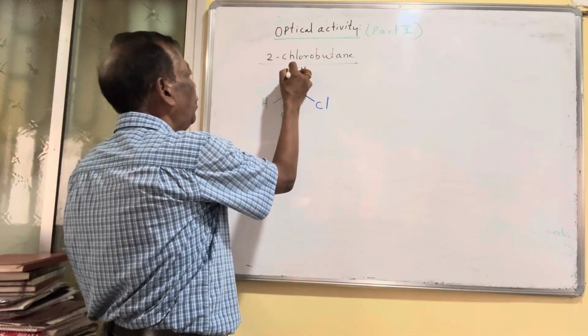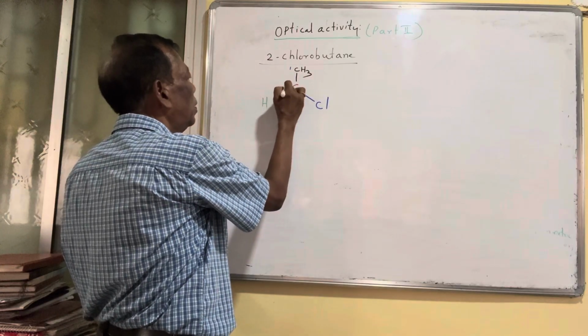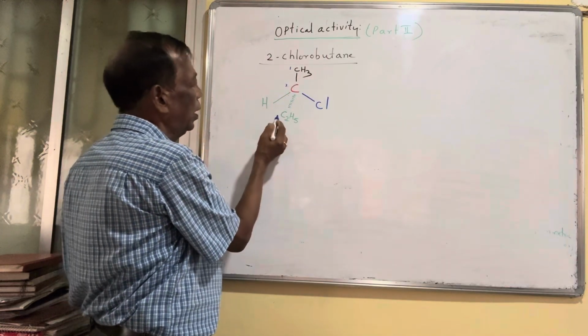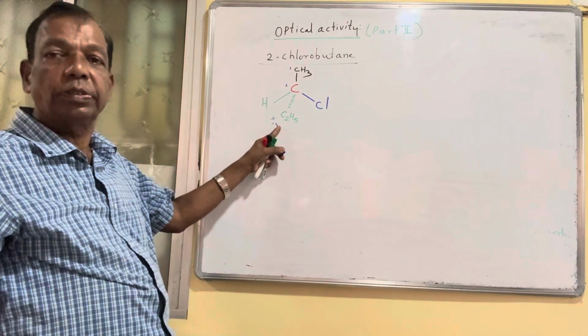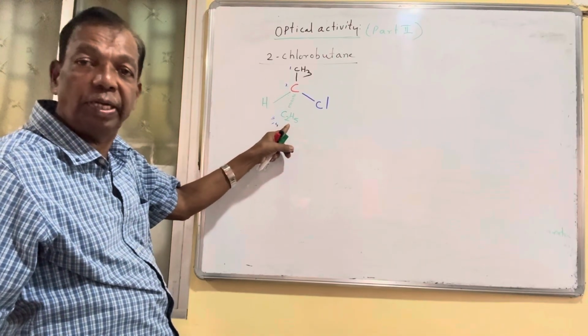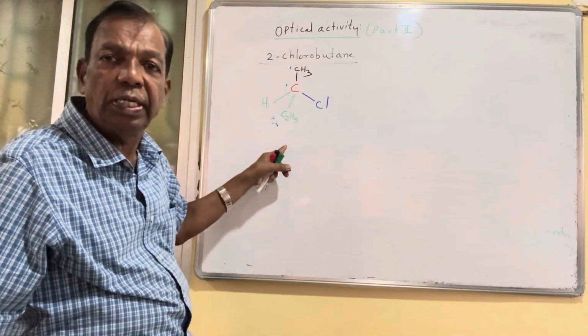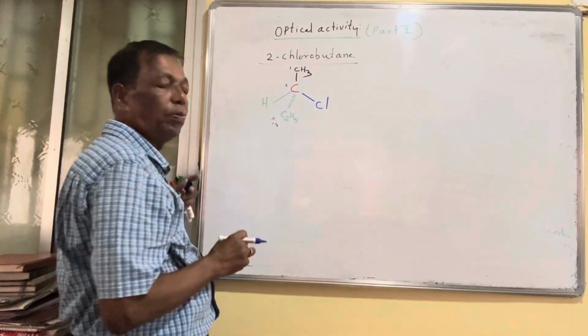This is number 1, this is 2, and this will be 3 and 4, because this will be CH2, CH3. So 1, 2, 3, 4. I hope you followed.